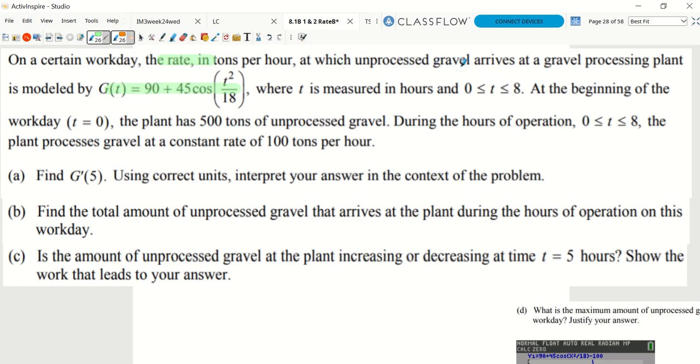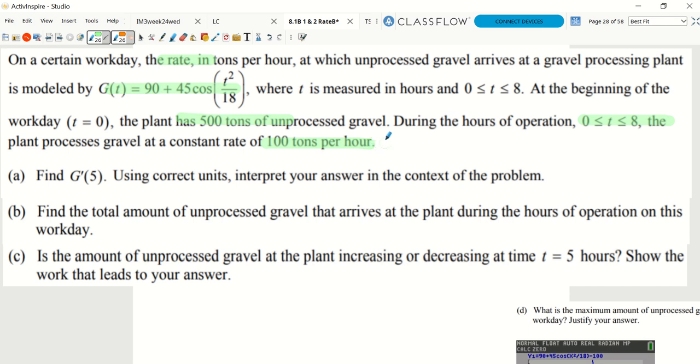Imagine you have a factory that receives raw unprocessed gravel from nature or wherever, and then in the factory they process it so that they can use it in construction. That's the idea. And this is your initial amount, that's your interval, and this is how much gravel they process per hour.